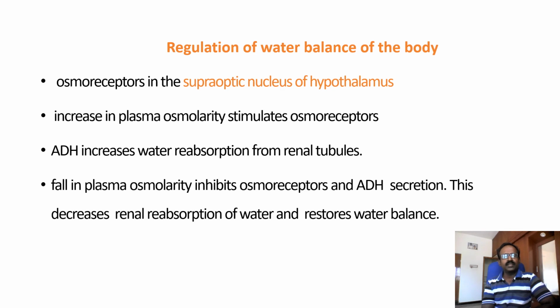So that stimulates the antidiuretic hormone secreted from the supraoptic nucleus that increases water reabsorption from the renal tubules. The reverse happens when a fall in plasma osmolarity inhibits the osmoreceptors and inhibits ADH secretion. This decreases the renal reabsorption of water and restores the water balance.